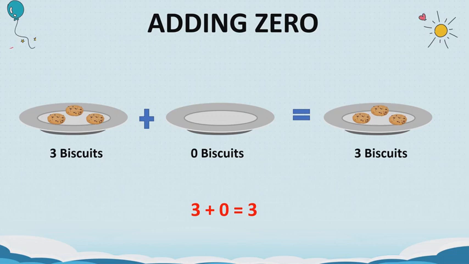For example, 4 plus 0, the answer will be 4. 6 plus 0, the answer will be 6. Like this it happens. So always remember that whenever we add 0 with a number, the answer will be the same number.